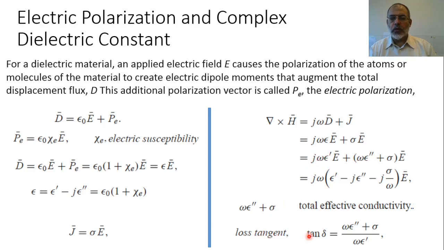And the definition of tan delta, or the loss tangent, would be omega epsilon double dash plus sigma over omega epsilon dash. So tan delta equals the conduction current to the displacement current.